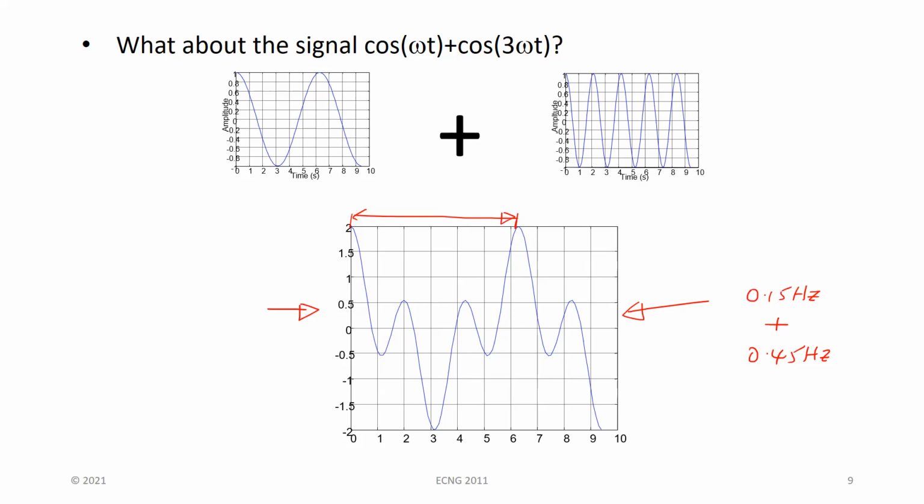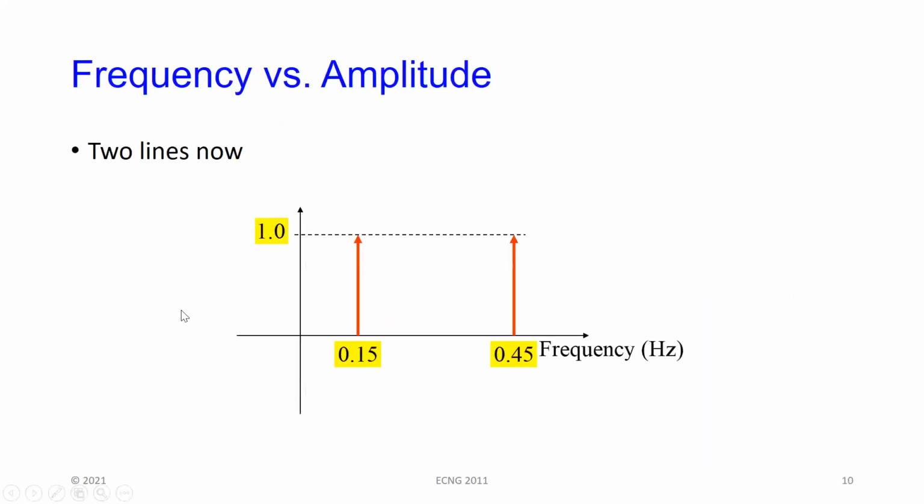However, if I were to give you this and tell you this was a frequency of 2 sinusoids, one at 0.45 and one at 0.15 hertz, then you now have the idea that this is the original one, and this one is going at 3 times that frequency. So you're getting more information, and you're also getting the amplitudes here.